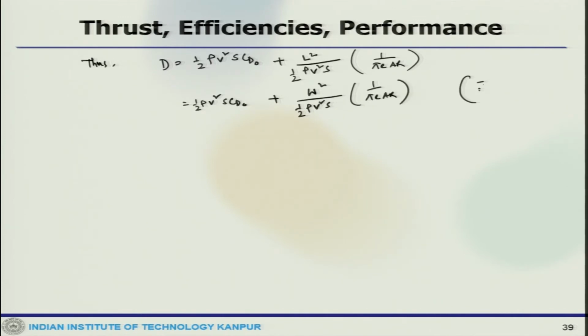Since at level flight L and W are the same, and the minimum drag condition is our interest, we have to minimize drag.